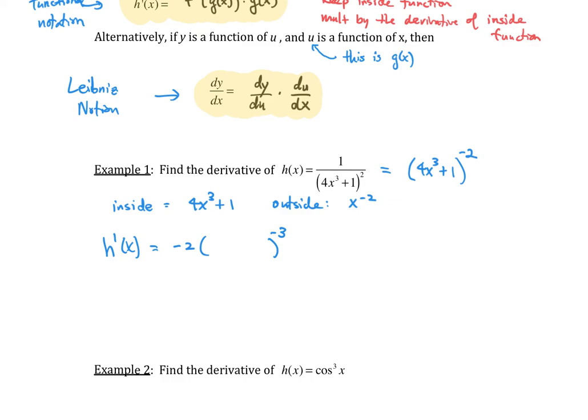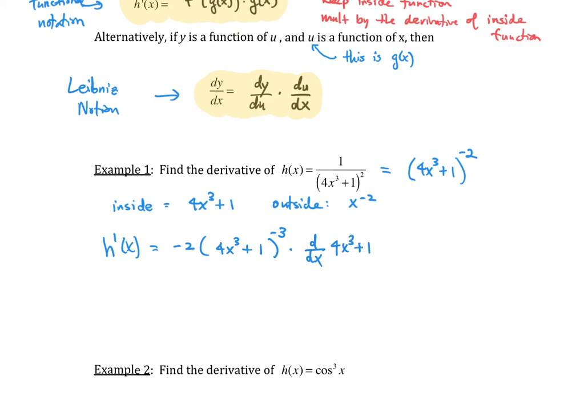Then the next thing we said we want to do is keep the inside. When I say keep the inside, I mean just plug the inside function back in. So then this is going to be 4x cubed plus 1 on the inside, like that. And then I'm going to write an extra step. I'm going to put times the derivative of the inside function. And the inside function is going to be 4x cubed plus 1.